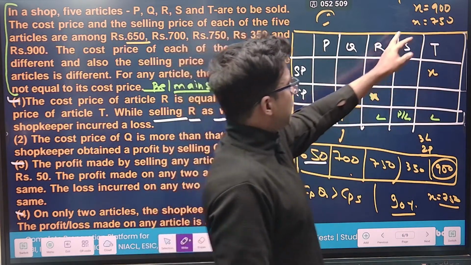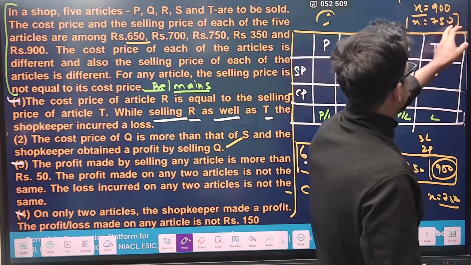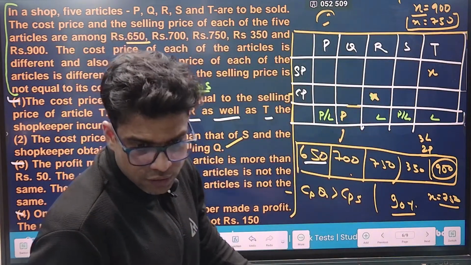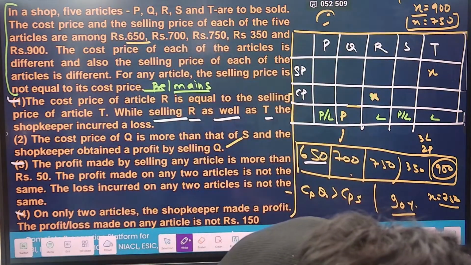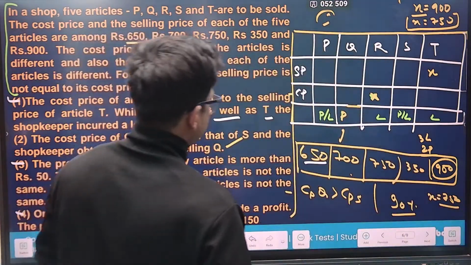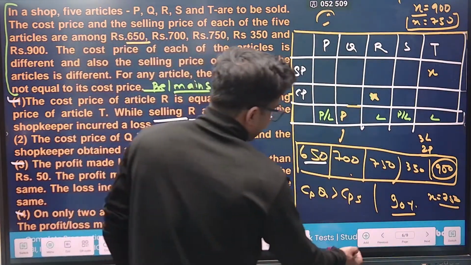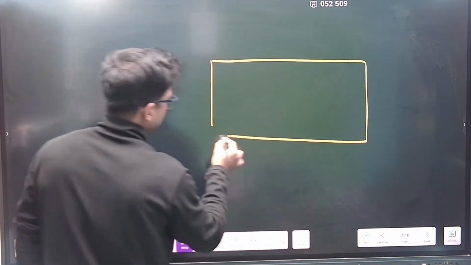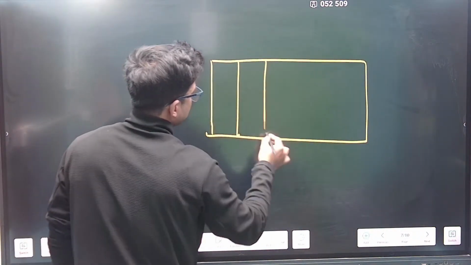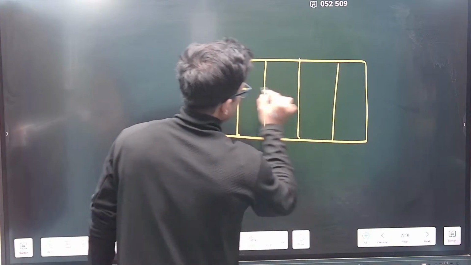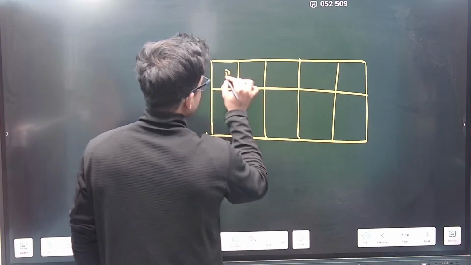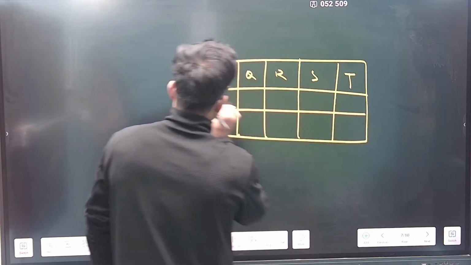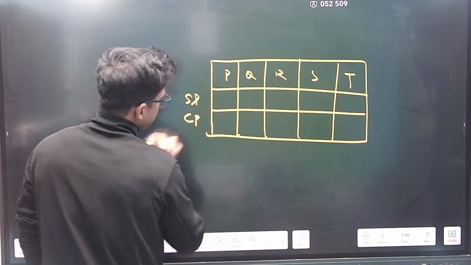Now I'm just asking you a question: is 750 applied or not? If you have a confusion, let's put the value of 750 and then try the question. I hope all of you are getting my point. If you have a confusion, let me draw it here with the values, then I will have two possible values. Let's say P, Q, R, S, T. This is my selling price, this is my cost price, okay.